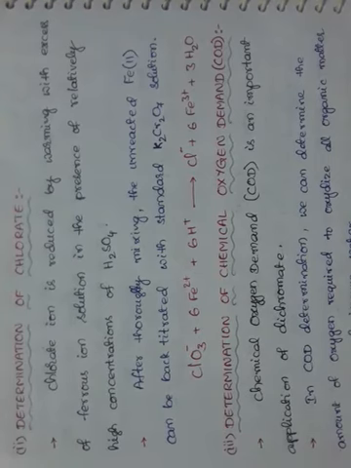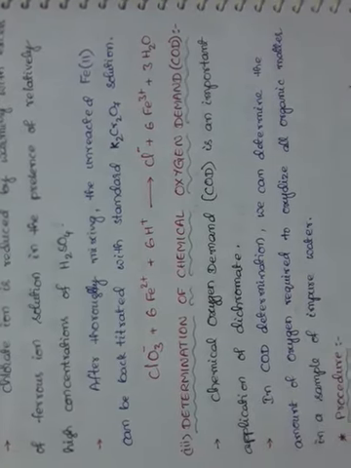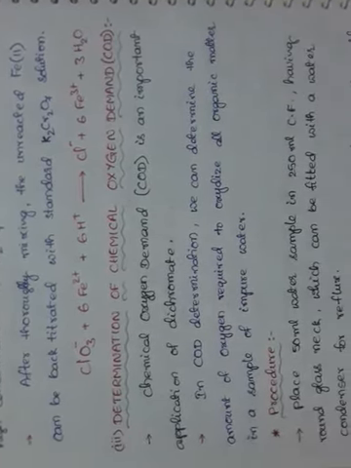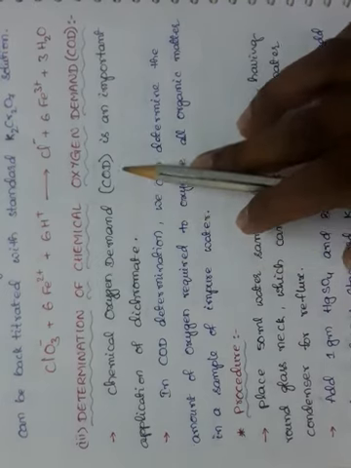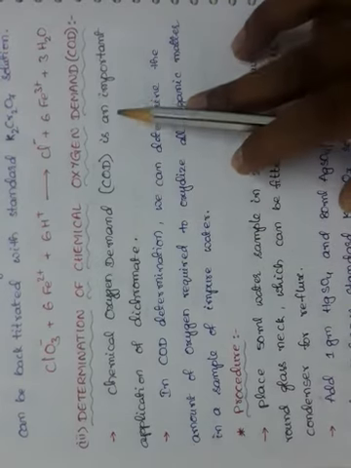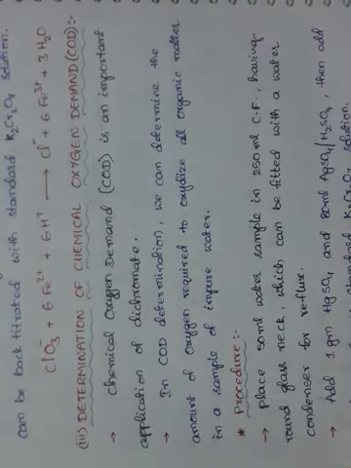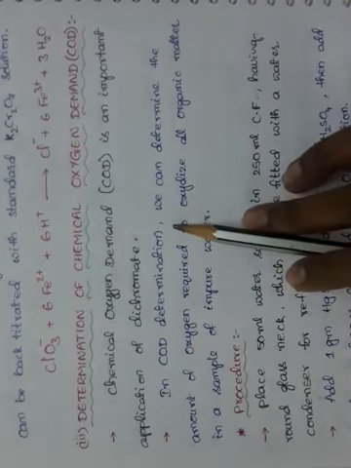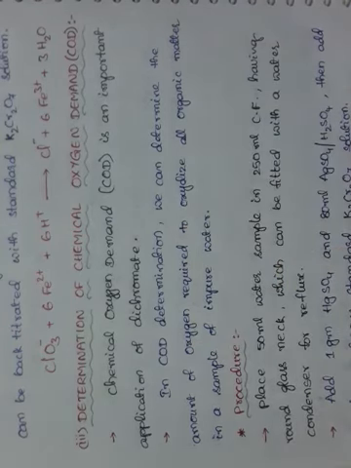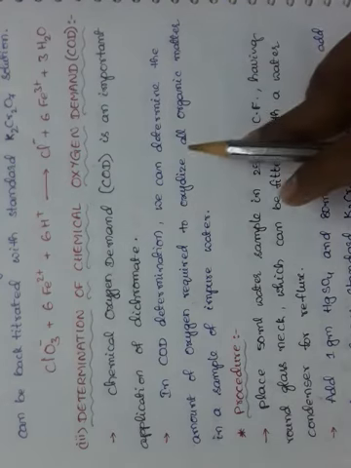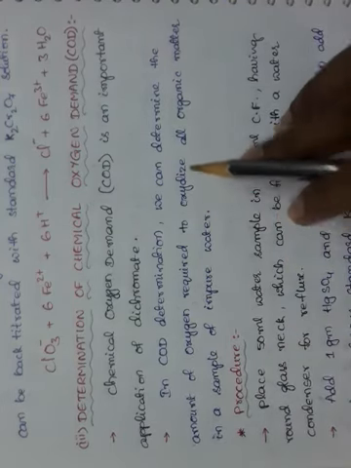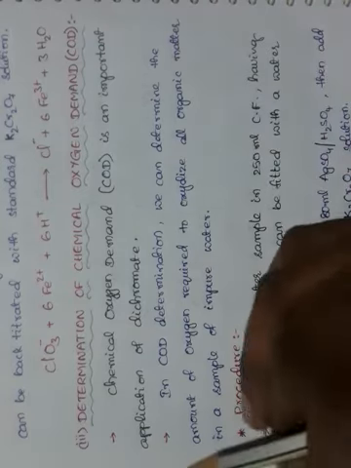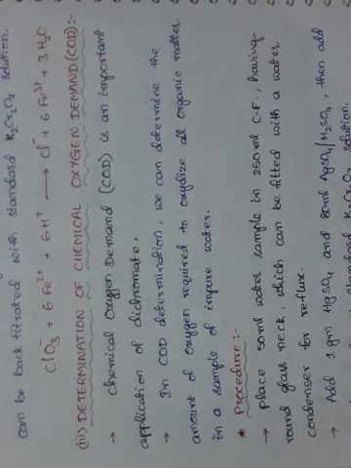Okay. Next, determination of chemical oxygen demand, that is COD, which is a very important application of potassium dichromate. Generally chemical oxygen demand is shortly called COD. It is an important application of dichromate. So in COD determination, what should you determine? We can determine the amount of oxygen required to oxidize all organic matter which is present in the sample of impure water.